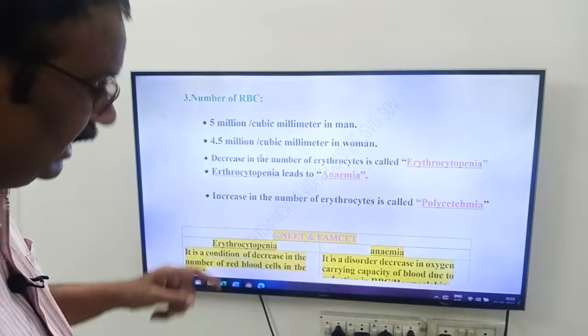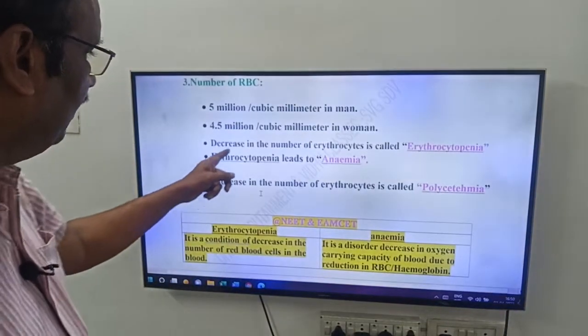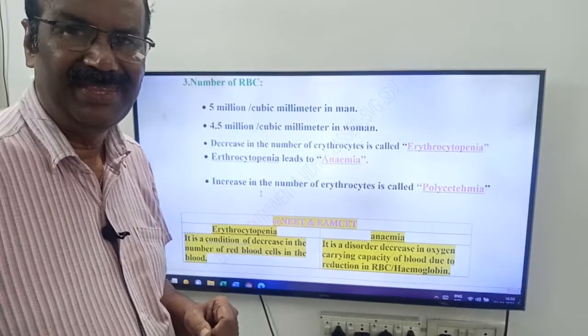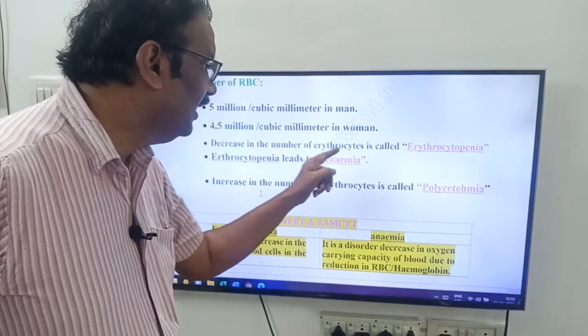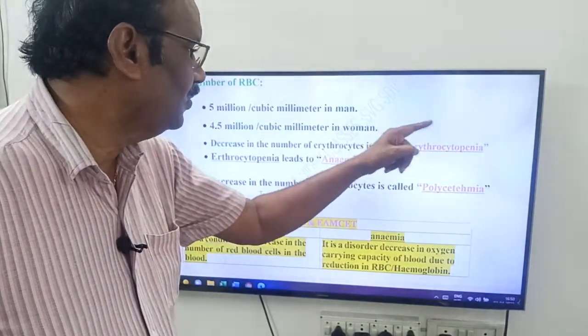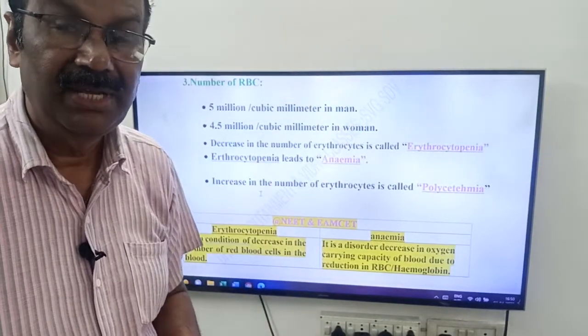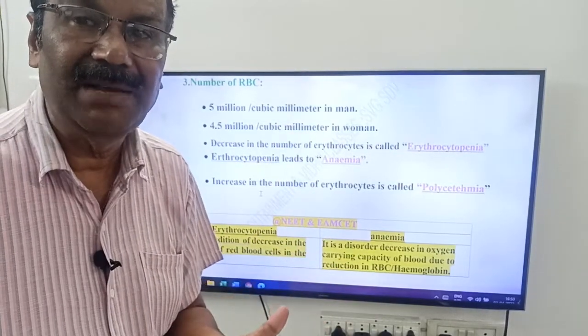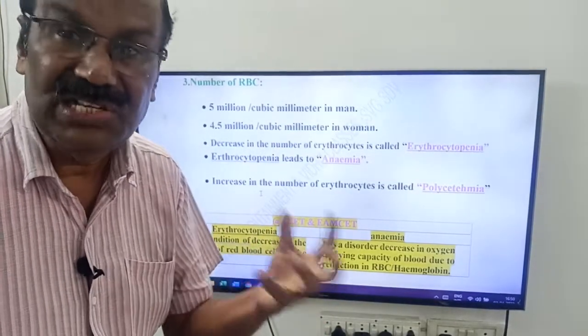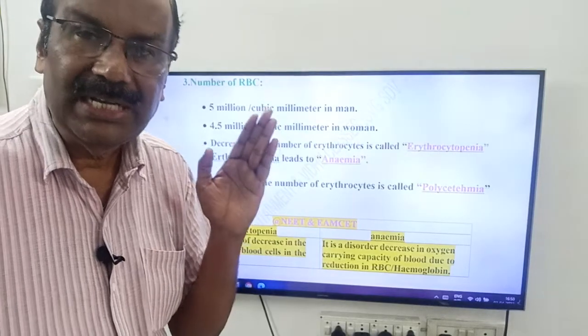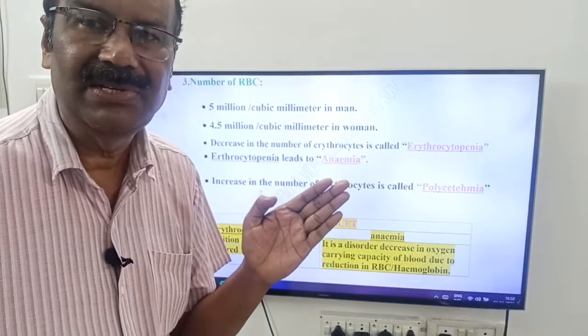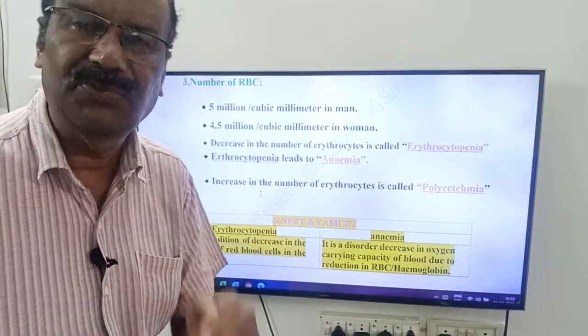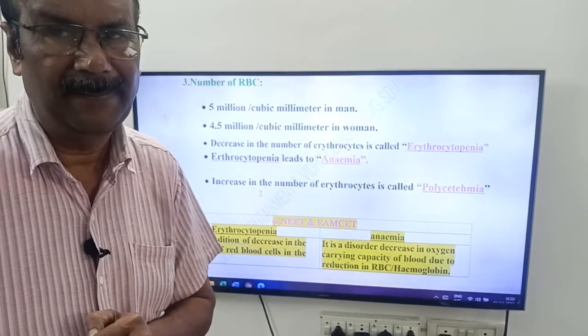See friends, a decrease in the number of erythrocytes is called erythrocytopenia. Whenever you hear the word penia, it means reduction, less. So, a man has 5 million, a woman has 4.5 million per cubic millimeter.